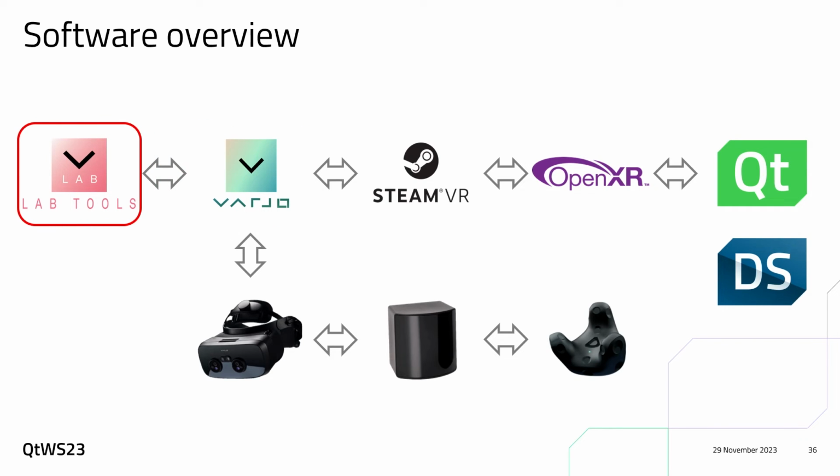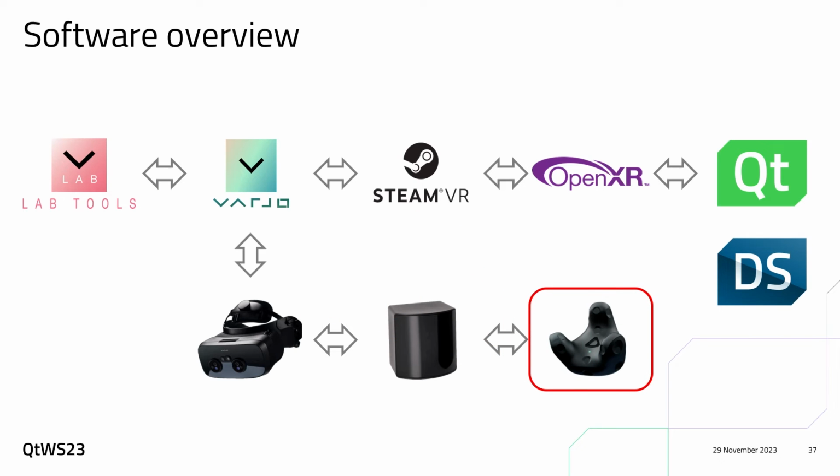Moving on to the Varjo Lab Tools on the left, this is where we created a 3D restricted mask and calibrated the chroma keying by setting up the color and all of the tolerance values. Then the mask created with Varjo Lab Tools is anchored to the physical tracker.